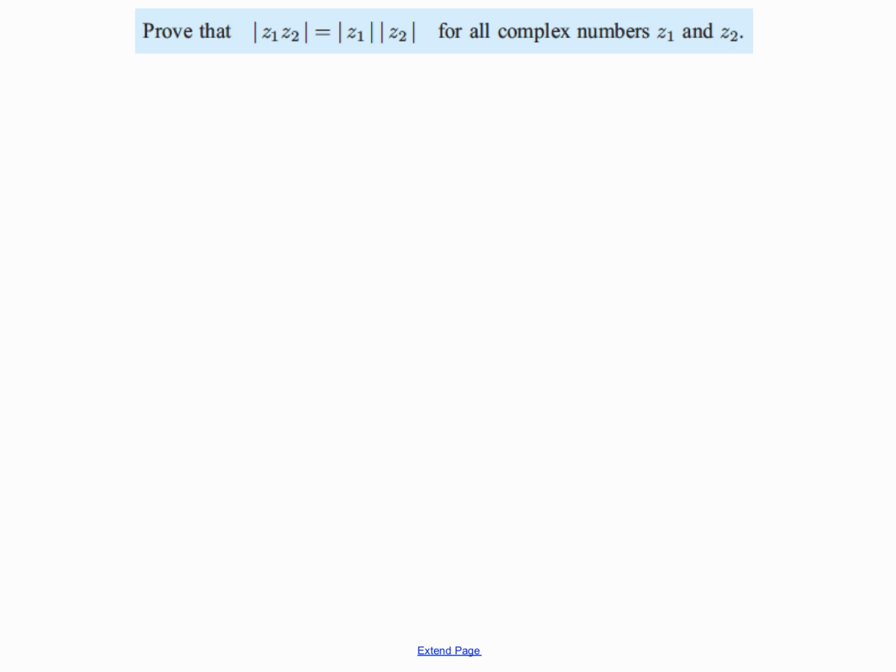So let's move on to an example here. Prove that the modulus of z1 z2 equals mod z1 times mod z2 for all complex numbers z1 and z2. So we're going to let z1 equal a plus bi and z2 equal c plus di.